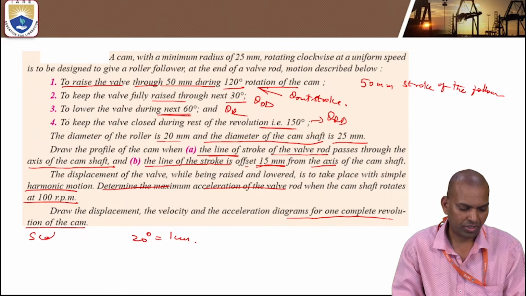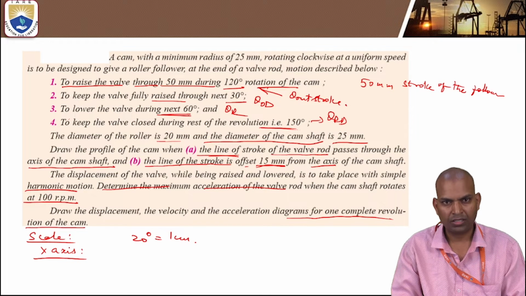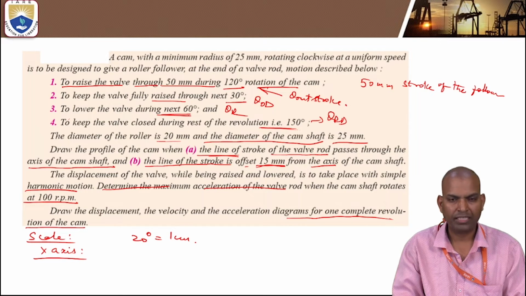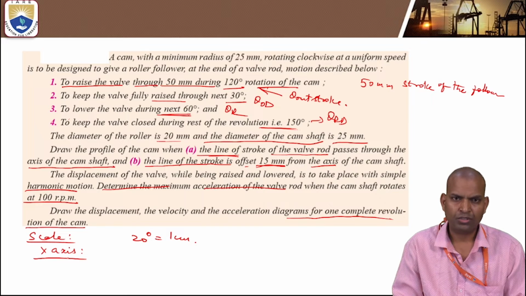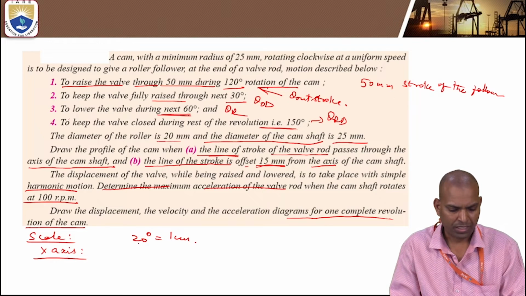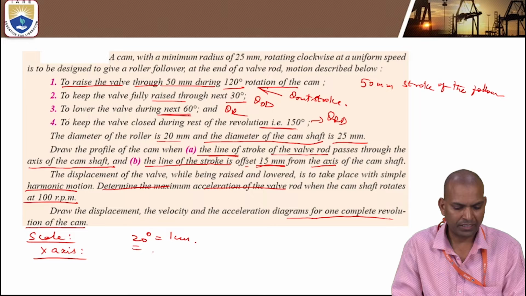Further we have to take a scale on the x-axis. On the x-axis we consider the rotation of the cam, and on the y-axis we consider the lift of the follower. The rotation of the cam is in terms of angles. That angle is converted into a linear scale by assuming a scale conversion factor, that is 20 degrees of cam rotation equal to 1 centimeter.